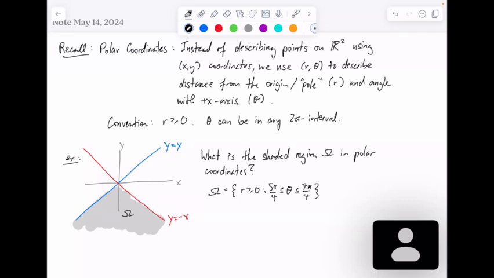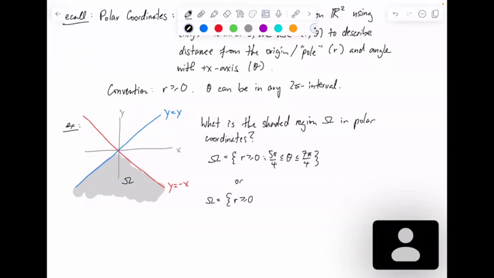Equally valid is also Mitsuka's answer, which is r is greater than or equal to 0, and theta, if you instead describe theta, instead of going from 0 to 360 degrees, or 0 to 2 pi, as minus pi to pi, or minus 180 degrees to positive 180 degrees.